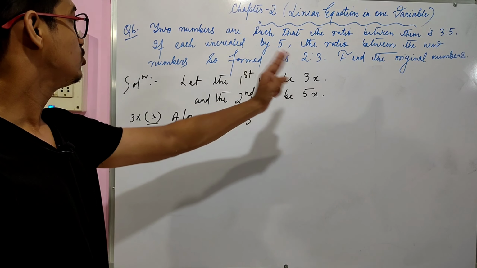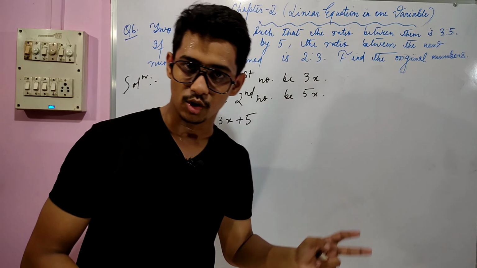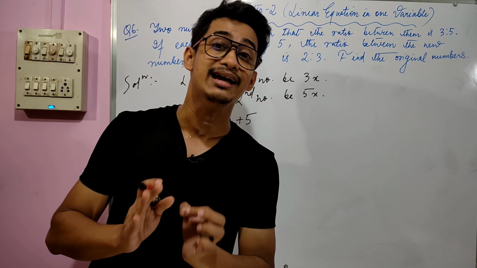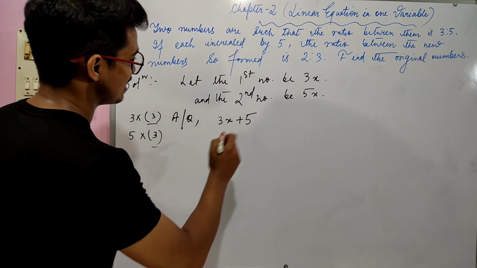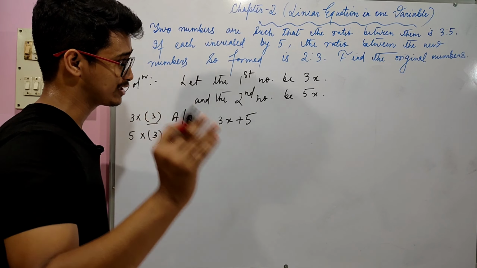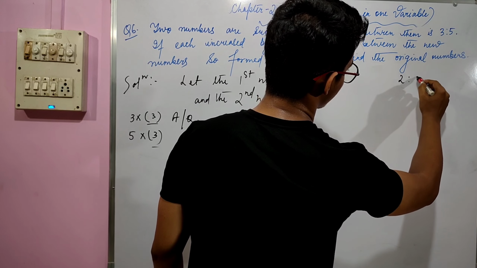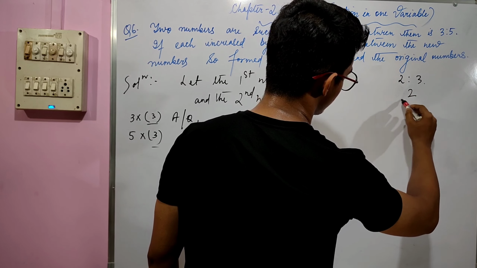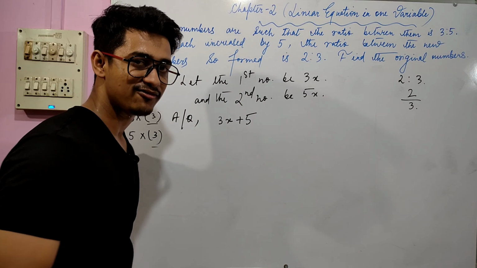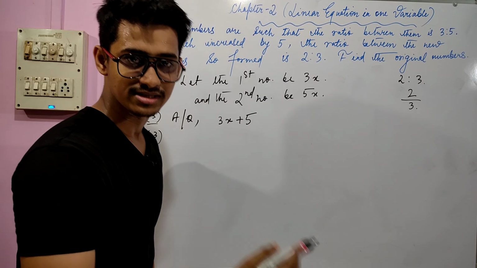And then the new numbers so formed are again in a ratio. Now see one more thing: ratios are finally converted into fractions, that we know.